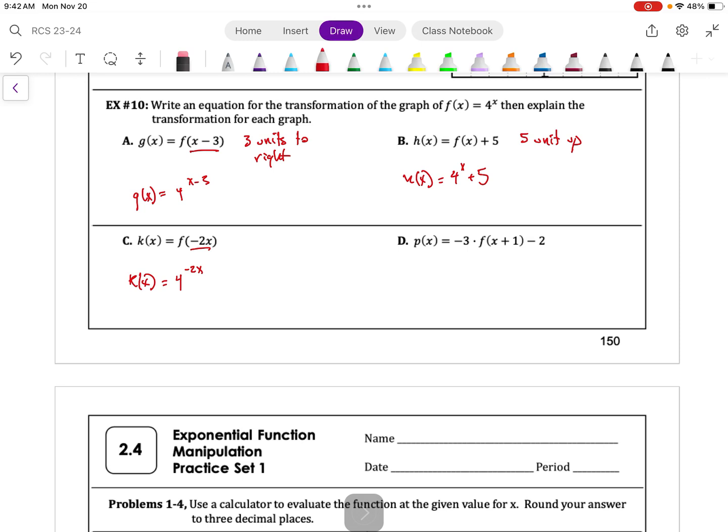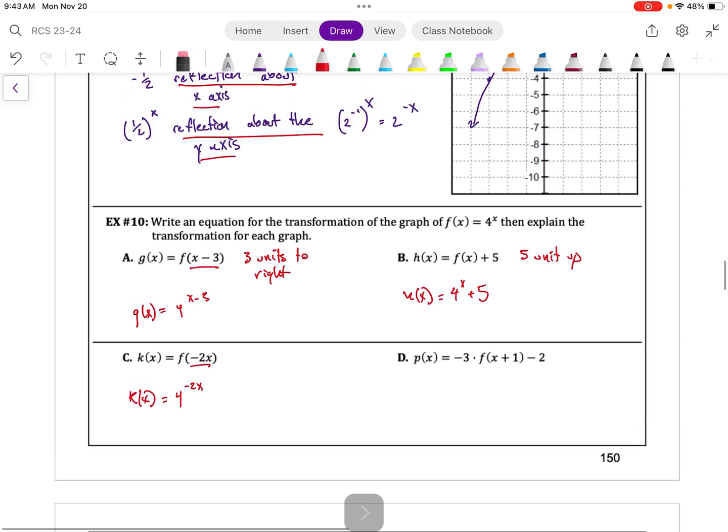And this will do a couple things. The negative is going to cause us to reflect this across the y-axis.